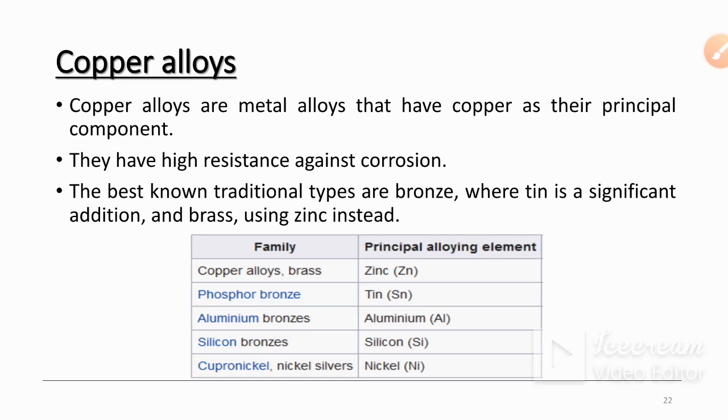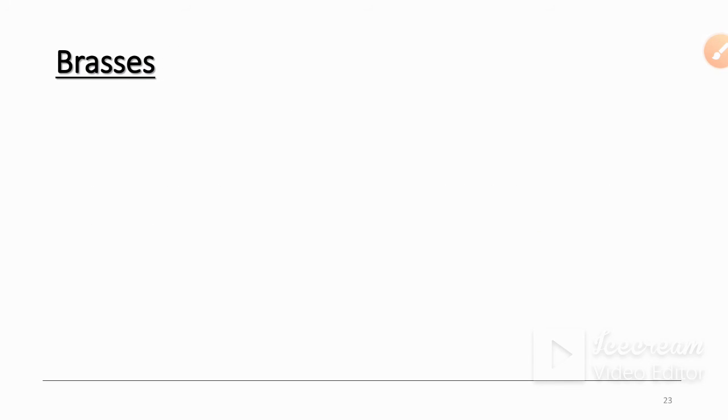The families of copper alloys are: brass, where the principal alloying element is zinc; phosphor bronze, where tin is added; aluminum bronzes, where aluminum is added; silicon bronzes, where silicon is added; and cupro nickel silvers, where nickel is added to copper. So these are some commonly used copper alloys.